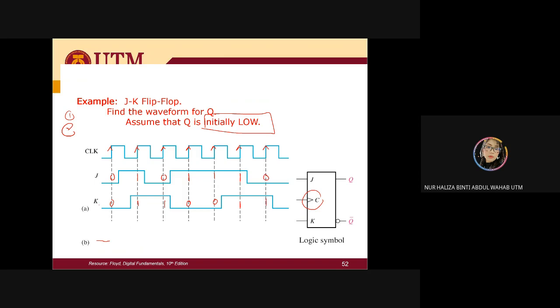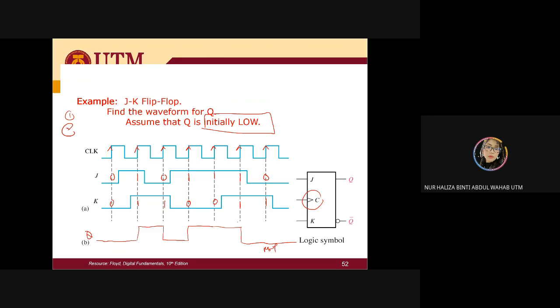Okay. Now I'm going to draw my output Q. 0 0, it will be no change. I'm going to continue. 1 1 is going to be toggle. 0 1 is going to be reset. 1 0 is going to be set. 1 0 is going to be set. 1 1 is going to be toggle. 0 1 is going to be reset.